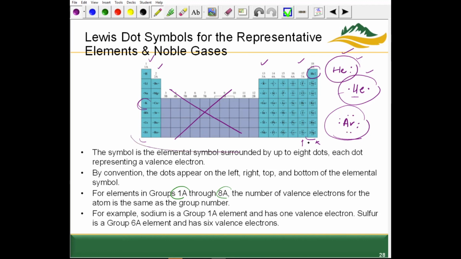So these elements will sort of participate with one another so that they all have happy complete octets or duets. The conversation might be, hey, I will give you one of my valence electrons so you can have a happy complete octet, because I need to get rid of one and I know you need an extra one. So that'd be something like potassium talking to fluorine.